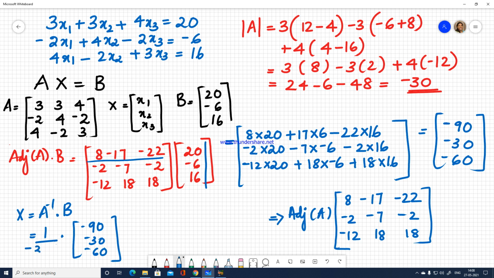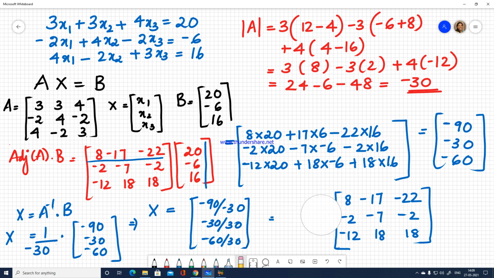So X is equal to minus 90 by minus 30, minus 30 by minus 30, minus 60 by minus 30. So the values will be x1 equal to 3, x2 equal to 1, x3 equal to 2.